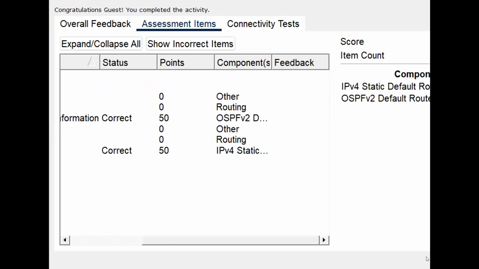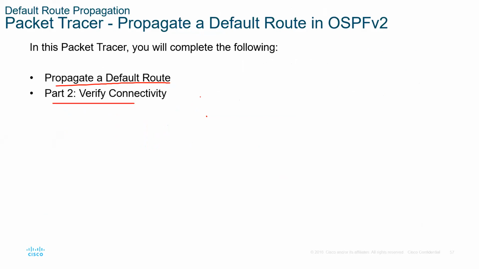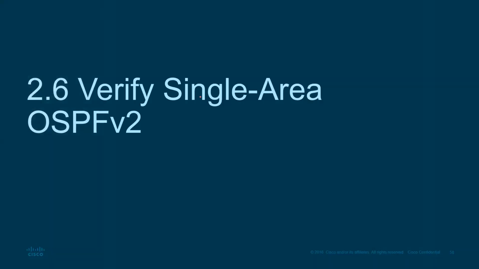All right, so having done that, we will go back to our lecture. Right, so I think this is the second to the last, if I'm not mistaken: verify single area OSPF version 2.